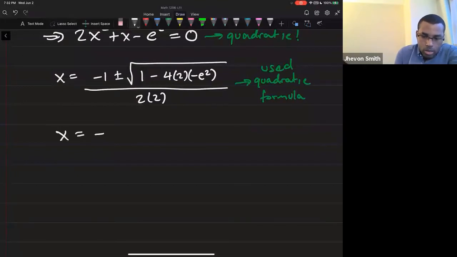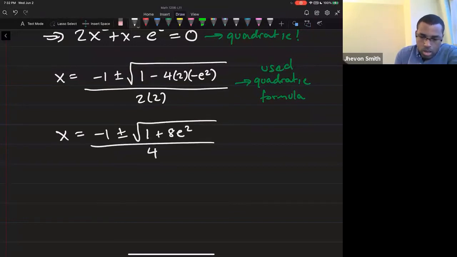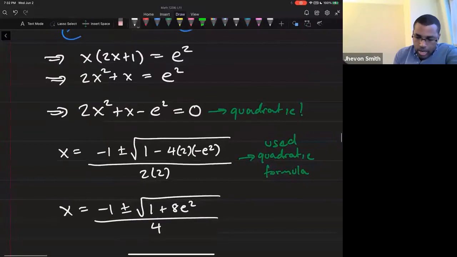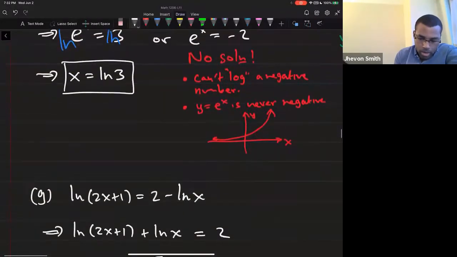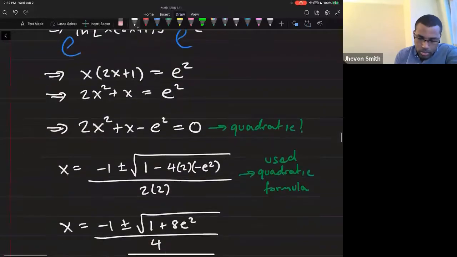So this is going to be, so what's under the radical is definitely positive, so don't have to worry about that. But will the negative be affecting things?